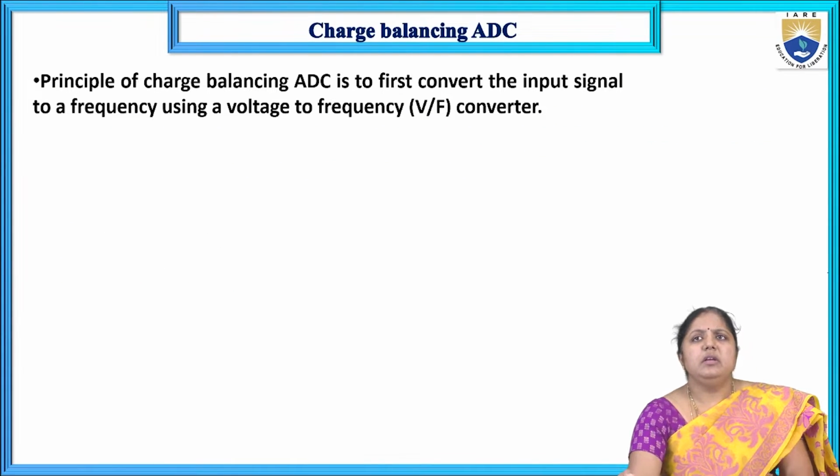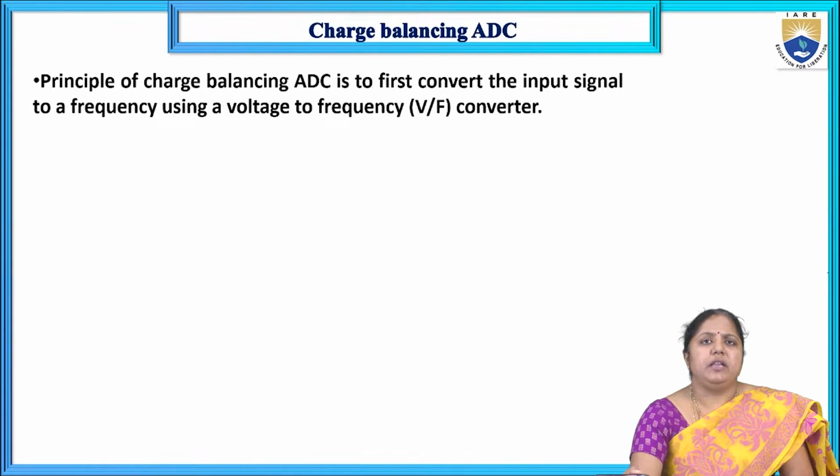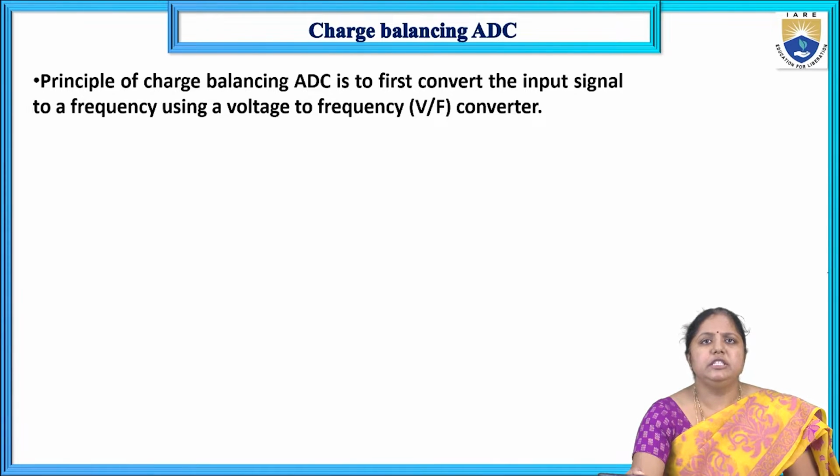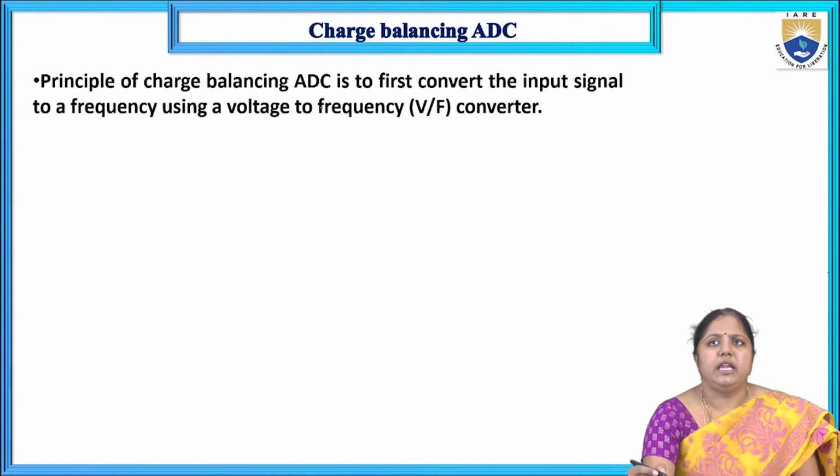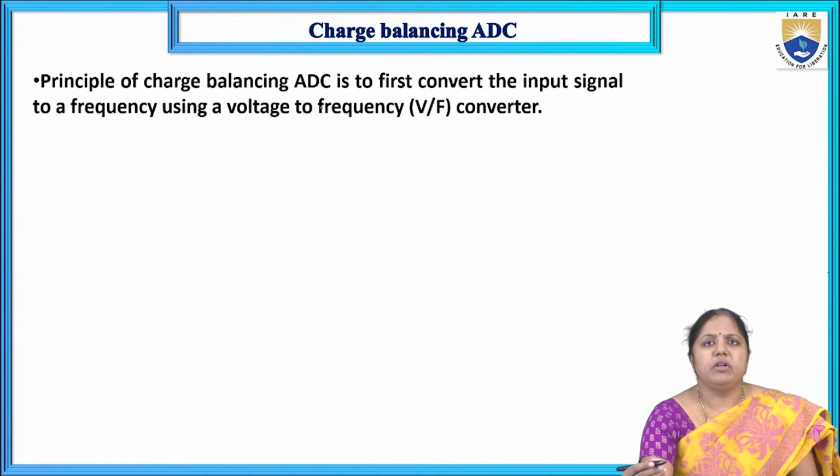In this charge balancing type of ADC, something is making the charge. What is the charge it is making here? Let us see. The principle of the charge balancing ADC is that first it converts the input signal into the equivalent frequency form using a voltage to frequency converter.